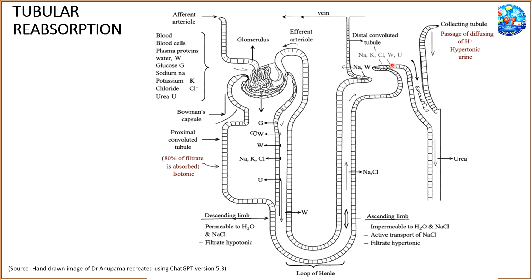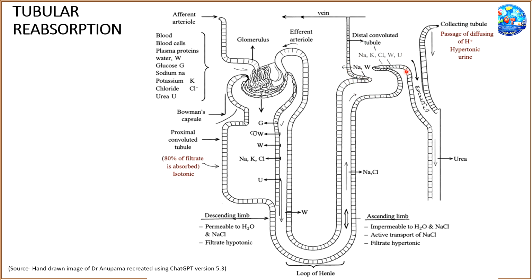Next comes the distal convoluted tubule. The distal convoluted tubule also absorbs lots of water. Some ions will be absorbed, and here the reabsorption is under the influence of vasopressin, the antidiuretic hormone.